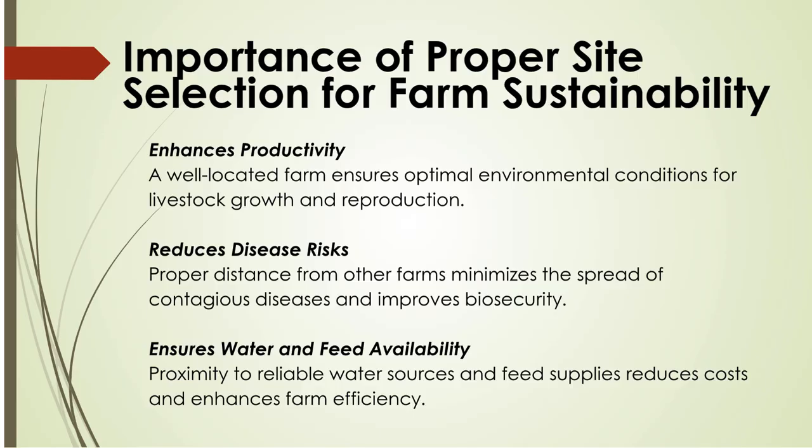If you use water from the water department, that incurs some cost, right? And if you want to build a farm for ruminants, you also have to look at the requirement for fodder. If it is not available, I think you have to look for another place.